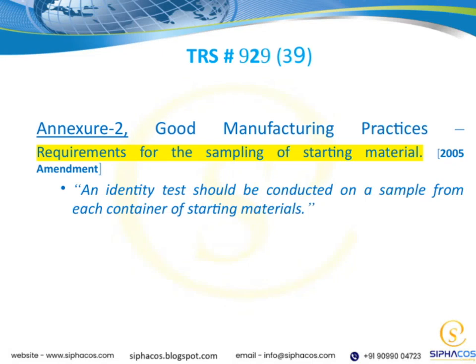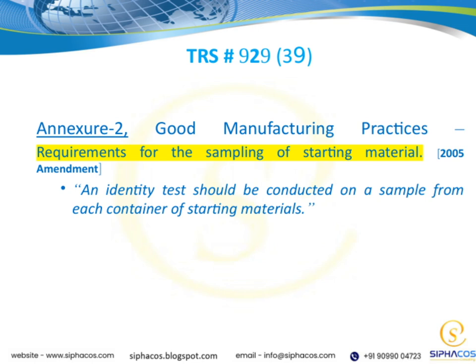Let's look at Annexure 2, which deals with good manufacturing practices, specifically the requirements for sampling starting materials, as per the 2005 amendment. One of the key points here is that an identity test should be conducted on a sample from each container of starting materials. Now, why is this important? Well, conducting an identity test ensures that each container actually contains the correct material, which is crucial for maintaining product quality and safety.